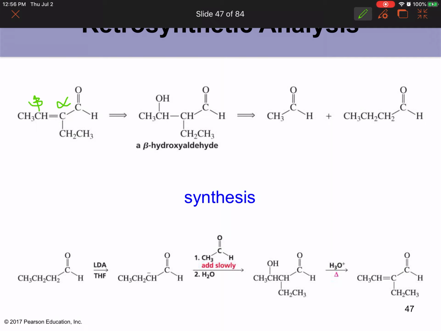If it is unsaturated to begin with, that could be due to the loss of a water molecule after the aldol addition product. Now where would you keep your OH? OH is going to be on the beta carbon. Okay, and then the hydrogen is on the alpha carbon. So you put the water molecule back. So that is we are going back to see how can we get this one to work. So it's a beta hydroxyaldehyde.